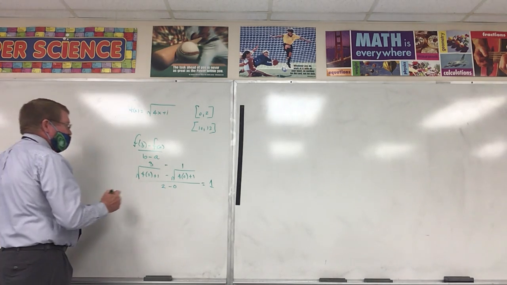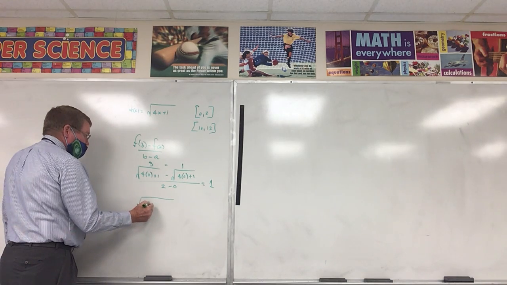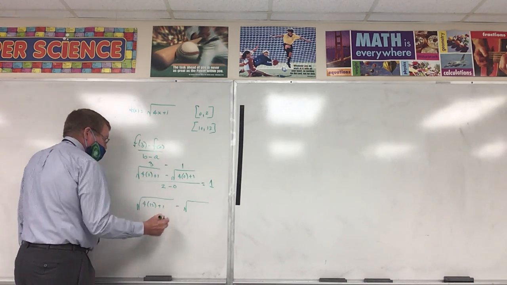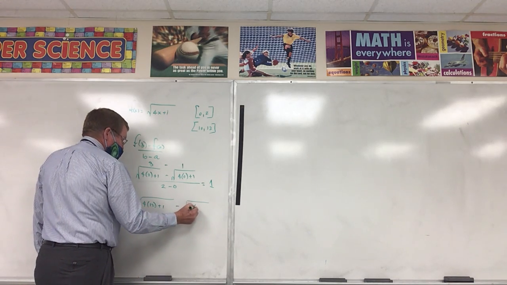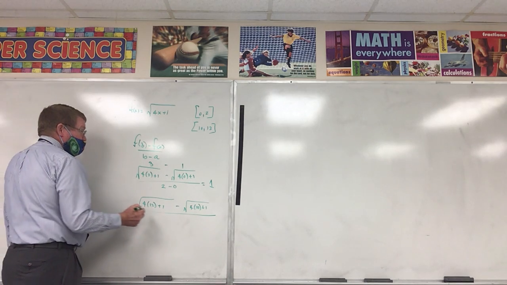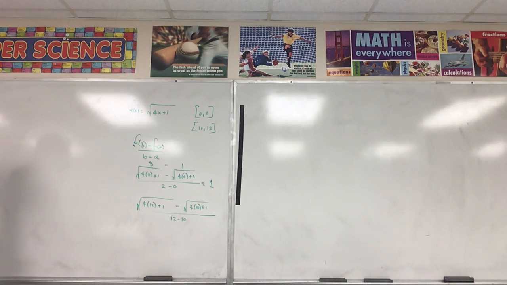Then I do 10 to 12, the same thing. Square root of 4 times 12 plus 1 minus the square root of 4 times 10 plus 1, all over 12 minus 10. This is average rate of change, and we're not finding the derivative now.